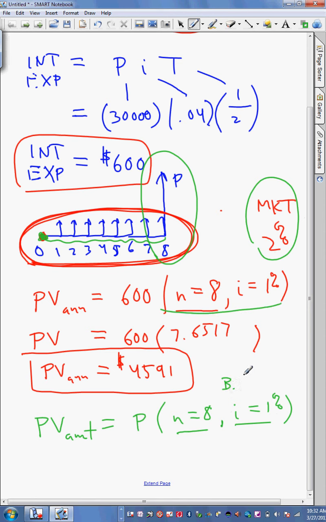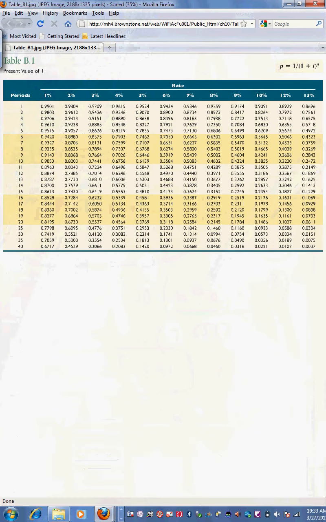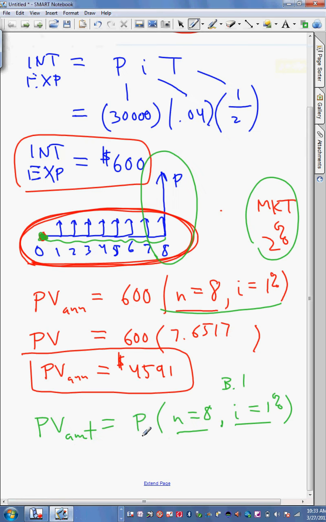This time it's table B1, present value of an amount. Okay, so if I go row 8, 1%, first column, 0.9235, that should be pretty straightforward. 0.9235. Principal is 30,000.